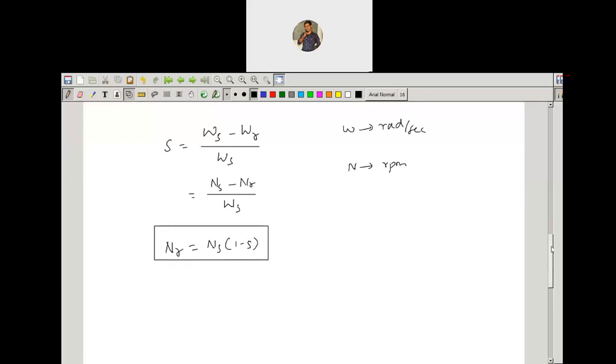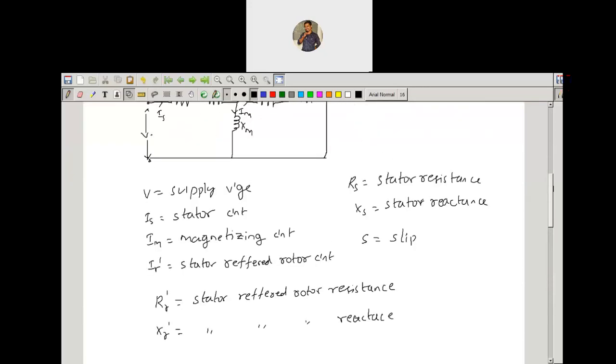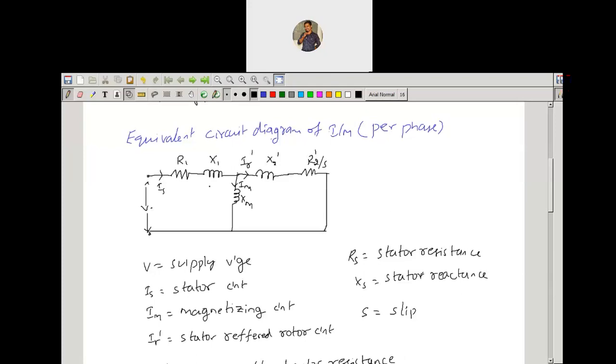We need to find out the torque equation from this equivalent circuit diagram, which is showing on the screen. Before that you can observe, if you remember your machines lecture on induction motor, the stator impedance drop is negligible. We can use the magnetizing reactance at the supply side. Let me redraw one more equivalent circuit diagram.